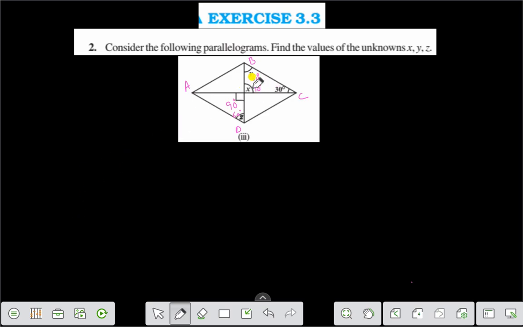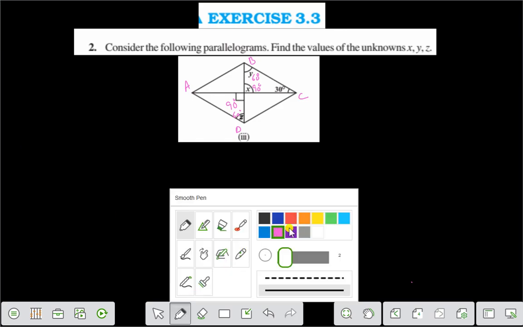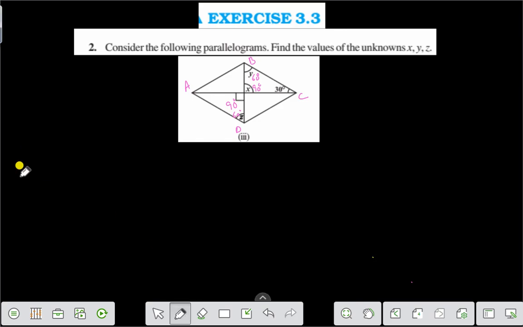Here you see that x is equal to 90 degree. What is the reason?